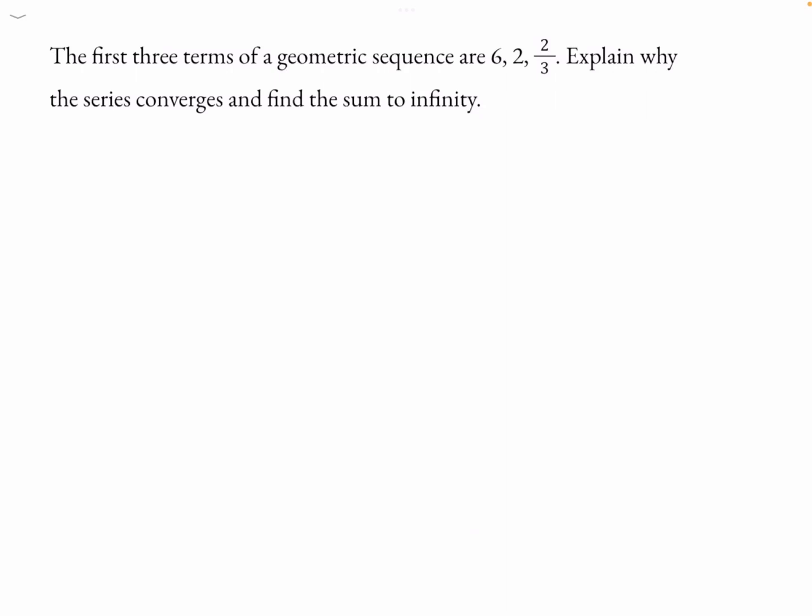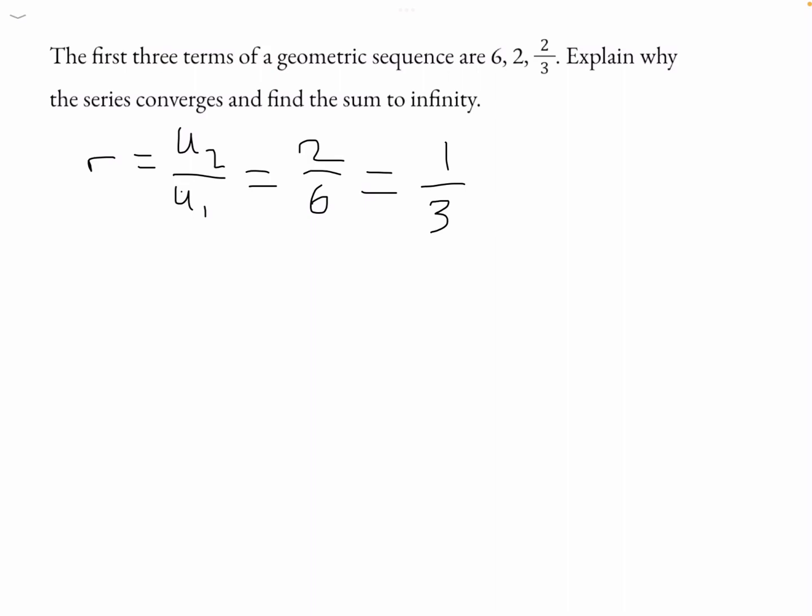So this question asks, the first three terms of a geometric sequence are 6, 2, and 2/3. Explain why the series converges and find the sum to infinity. So to find the value of r, you can do r is equal to u2 over u1, which is equal to 2 over 6, which is 1/3.